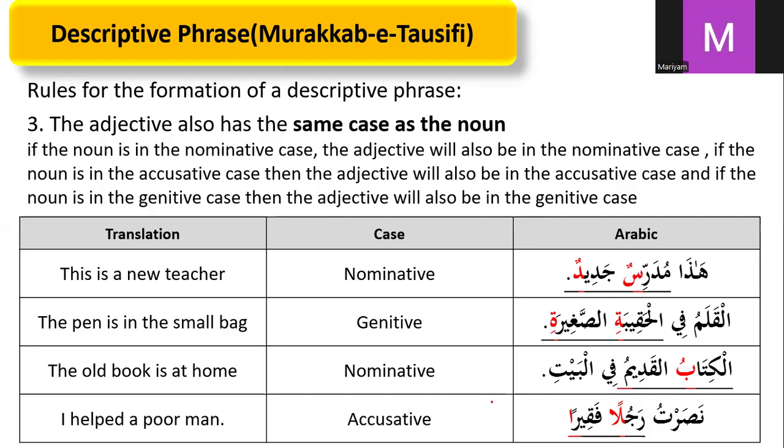If the noun is feminine, the adjective is also feminine. The third one, that the adjective also has the same case as the noun. Marfu, mansub, majroor. If the noun is in marfu state, the adjective is also in marfu state. If the noun is in mansub state, the adjective is also in mansub state. If the noun is in majroor state, the adjective is also in majroor state.